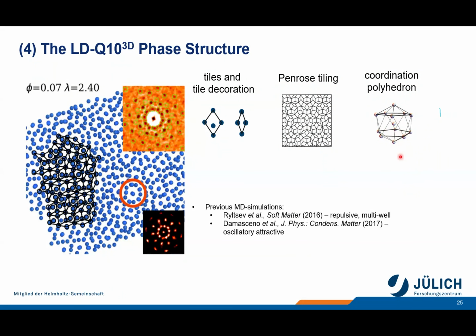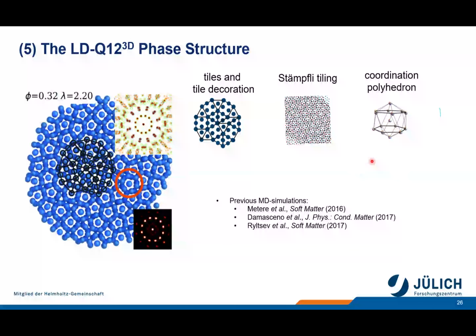And then this would be an AB stacking of these Penrose tiling planes with occasionally center particles in between. And this gives you the three-dimensional packing. And this is an icosahedron. And this icosahedron is a typical feature of the 3D packing of these systems. So this is how in 3D these quasicrystals are packed.